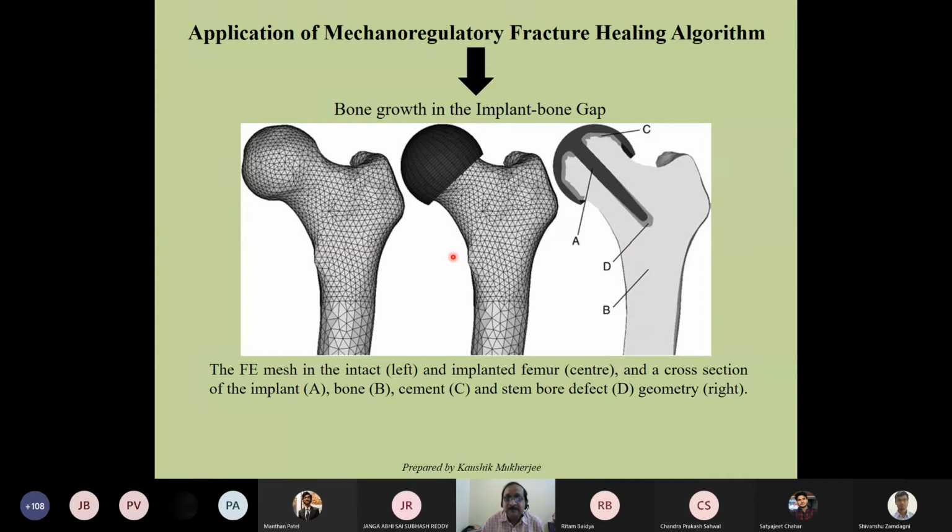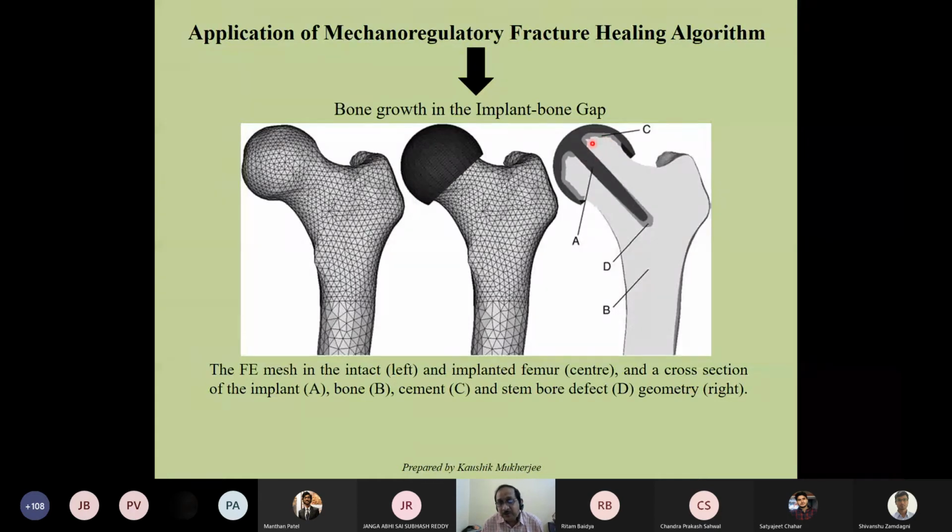More examples. This is typically a section of a resurfaced femoral head or femoral resurfacing implant. So you can see that this is the implant, the dark gray, as I'm pointing out. It is cemented with cement.